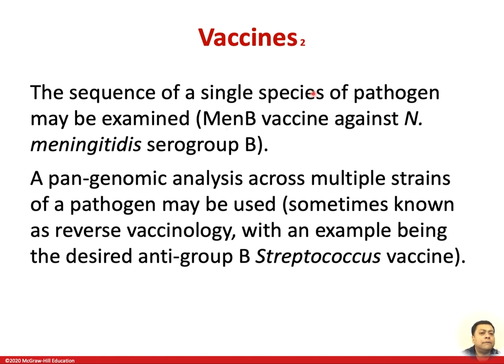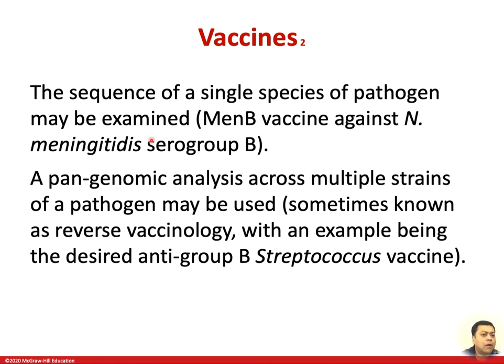For all the other four strains, which are Neisseria meningitidis A, C, D, E, the vaccine is against a polysaccharide that is found on the surface of this pathogen. But unfortunately, the interesting part is that serogroup B has a polysaccharide which is very close to a human polysaccharide.